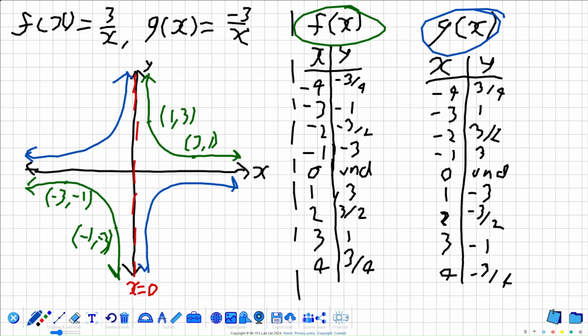So then what we can do is also label some points, -3, 1, and -1, 3, and then here is 3 and -1, make that dot clearer, and 1 and -3.